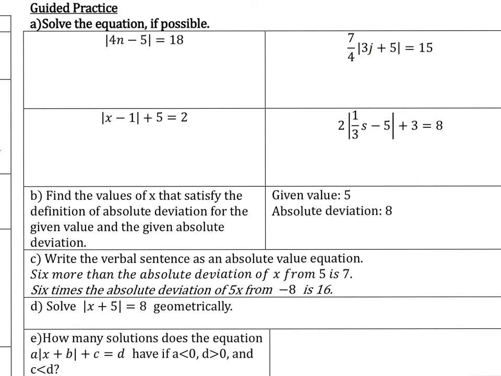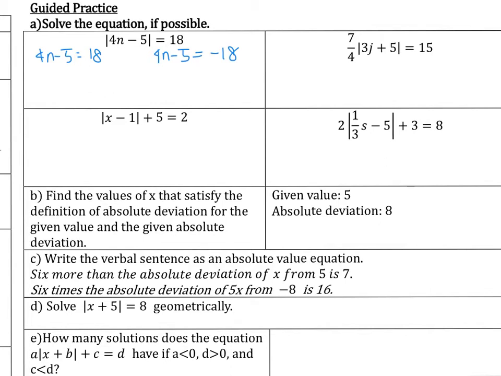Guided practice. Part A, solve the equation if possible. Okay, so to solve an absolute value equation, I need to first set 4n minus 5 equal to 18. Remember, 4n minus 5 can also be negative, so I can just do 4n minus 5 equal to negative 18. It's the same thing. And then I am to solve this.